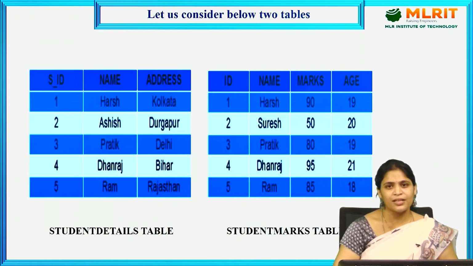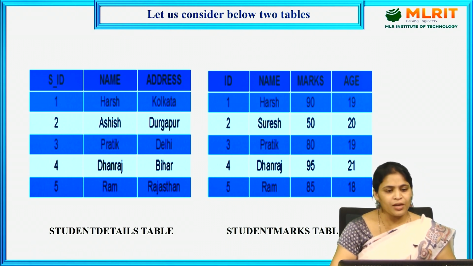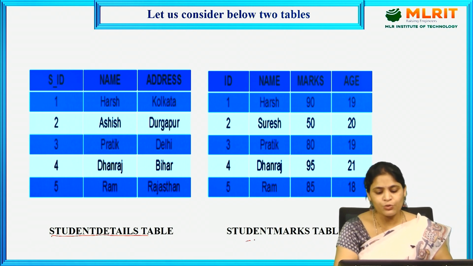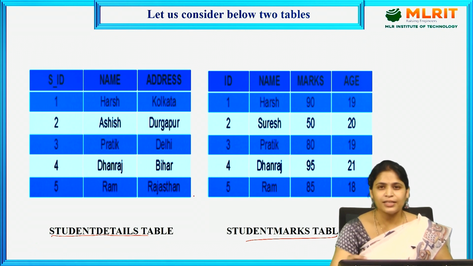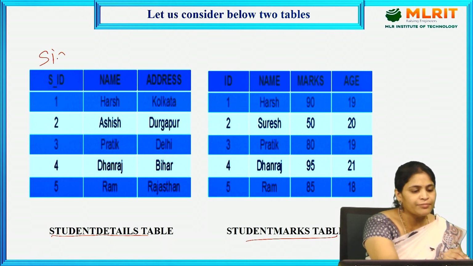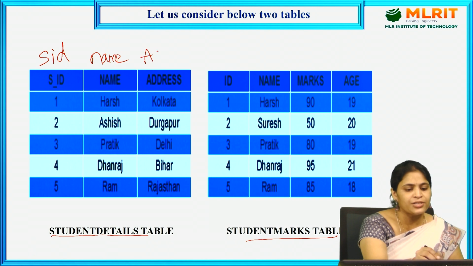Let us discuss these simple view and complex view by using some examples. This is one of the tables, the student details table, and here the student marks table. Let us consider these two tables. The student details table contains three columns, namely SID, name and address.